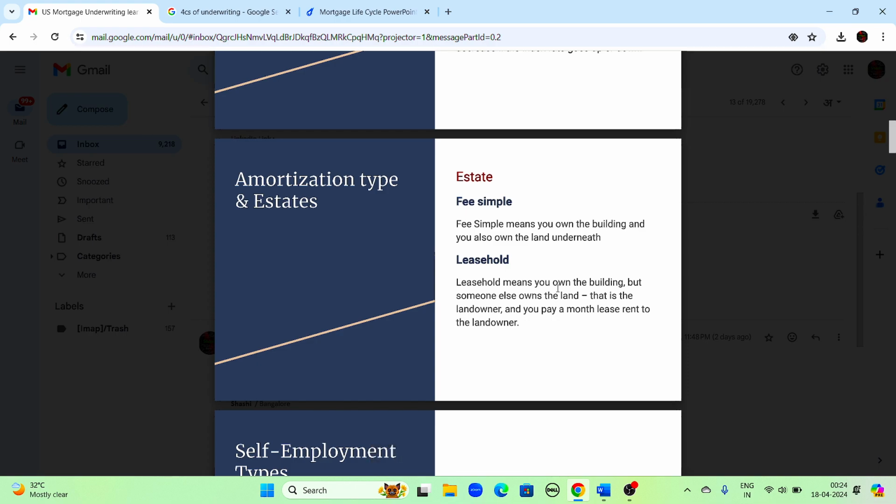To be simple, fee simple means that you own the building and you also own the land underneath. Leasehold means you own the building but someone else owns the land, so you pay the monthly lease rent to the landowner.